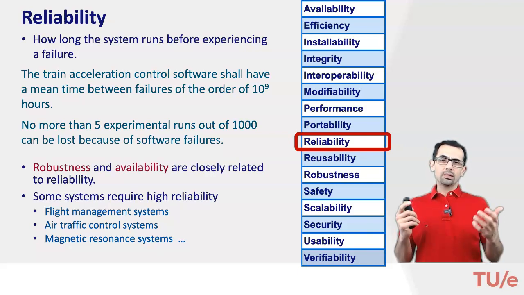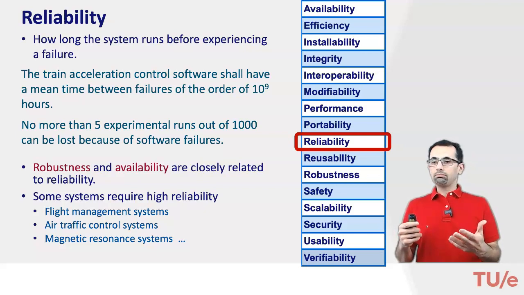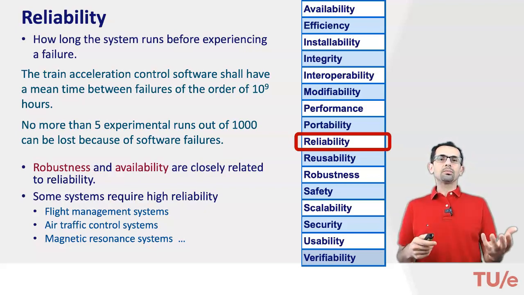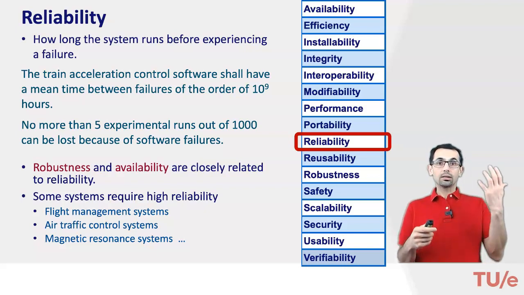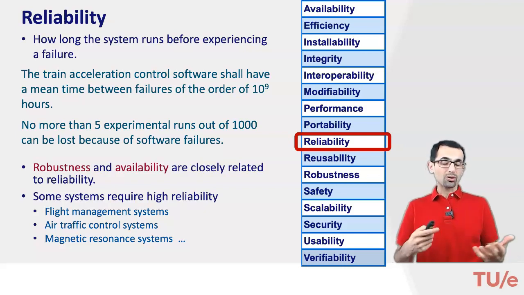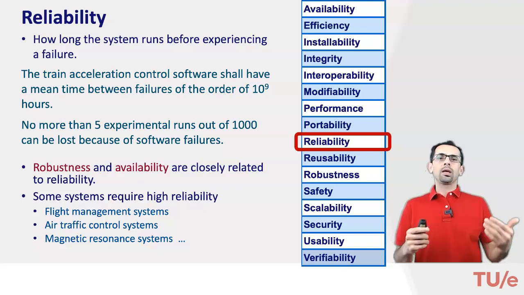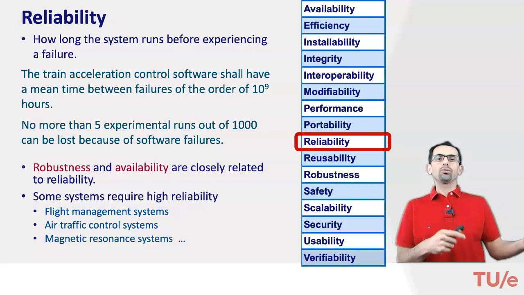And this is obviously a huge concern for systems that require high reliability, like air traffic control systems, magnetic resonance systems, or flight management systems, and so on. You can't simply expect the same level of reliability from these systems as from those you use in mobile phones.